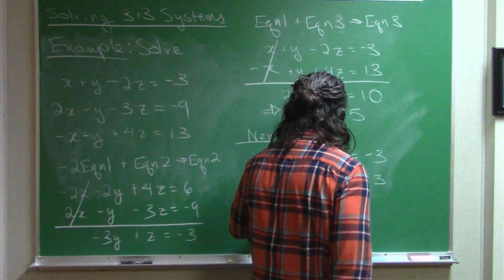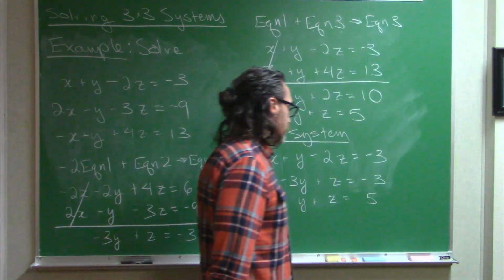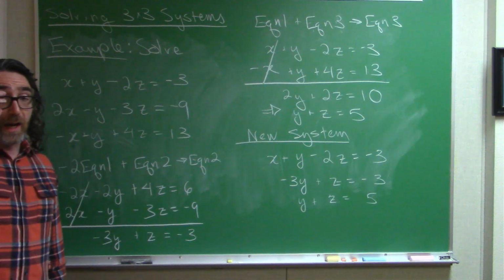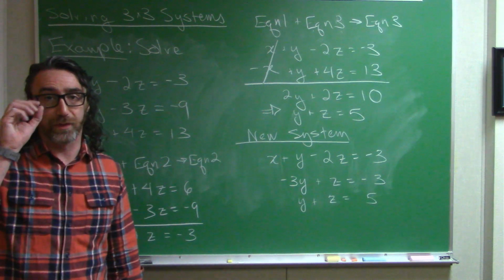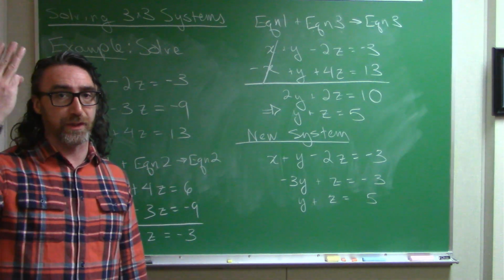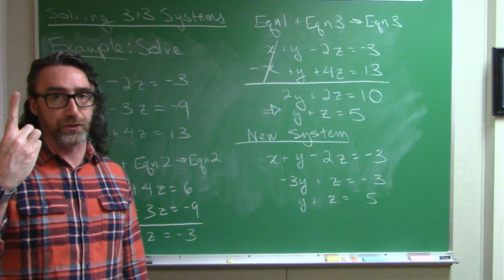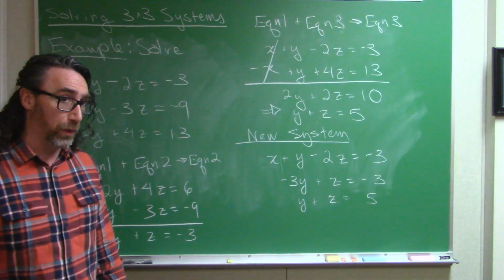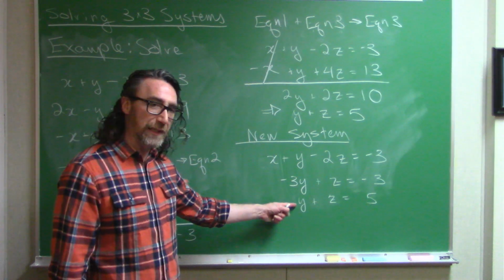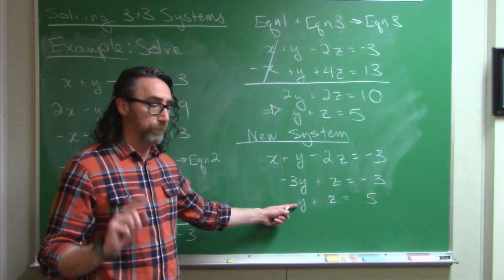And this is my equation 3. Okay, so notice I'm closer to the setup I want. Remember, that's a triangular system where the first equation has 3 variables, the second has just 2, the last equation has just 1. That's what I want. I'm close. I just need to get rid of that y.